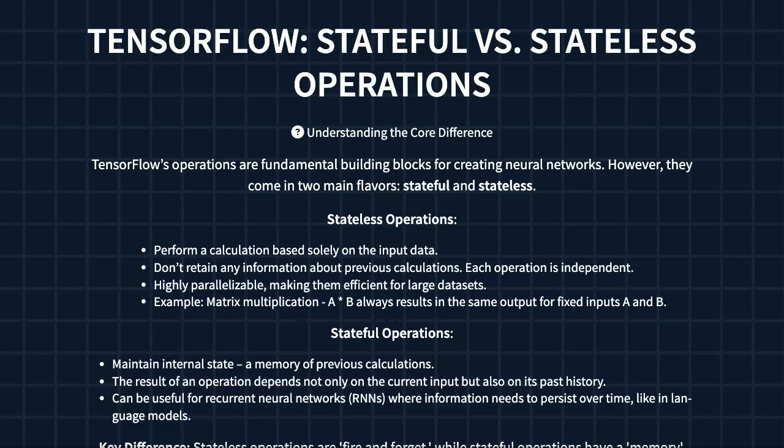Now, stateful operations are different. They remember what happened before. Think of it like an RNN model that needs to keep track of past information, like in a language model predicting the next word. So, while stateless is about independent calculations, stateful has a memory. That's the key difference to remember.